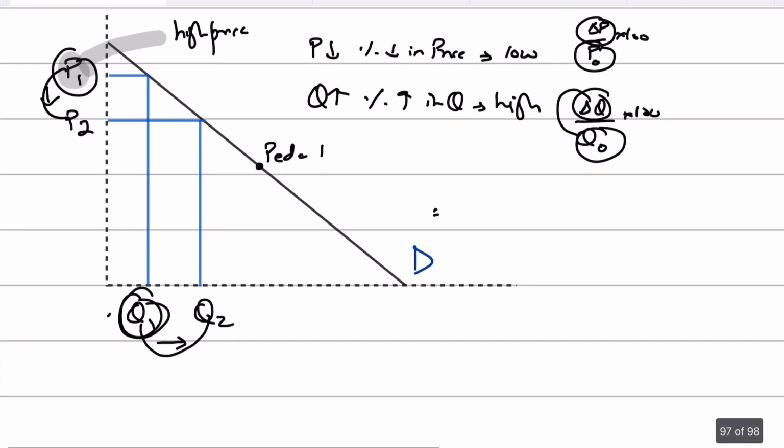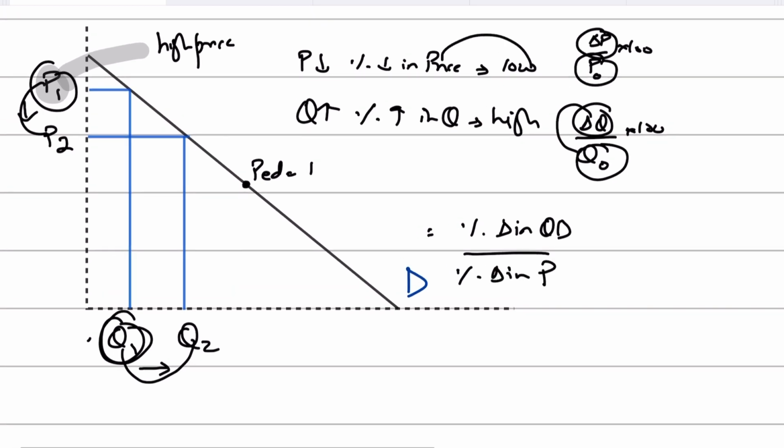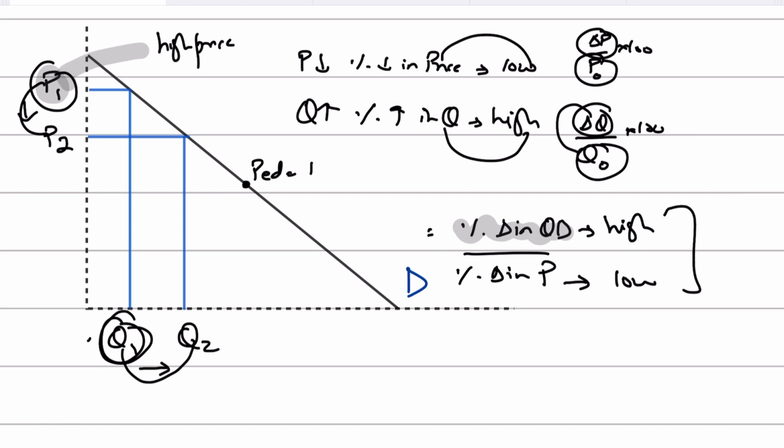Now, as you know, the formula for PD is percentage change in quantity divided by percentage change in price. Now we have a combination where the percentage change in price is low while the percentage change in quantity is high. Listen to this very carefully: if you have a combination of a large percentage change in quantity with a small percentage change in price, automatically the value of PD would be greater than 1.